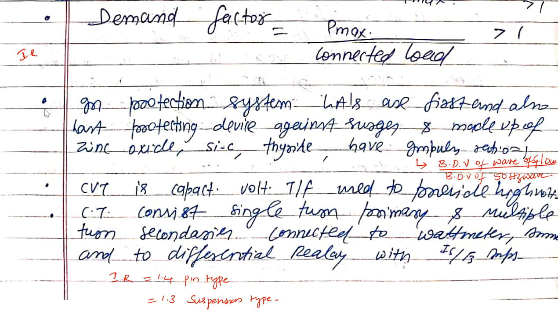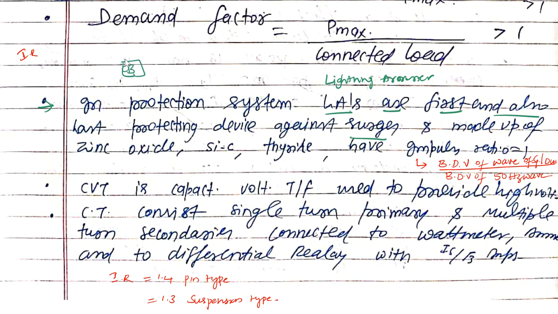Next, in power system protection, the first device is the lightning arrestor, LA. Lightning arrestors are the first and also the last protecting devices against surges. If you enter a substation, the first thing you can see is a capacitor bank.